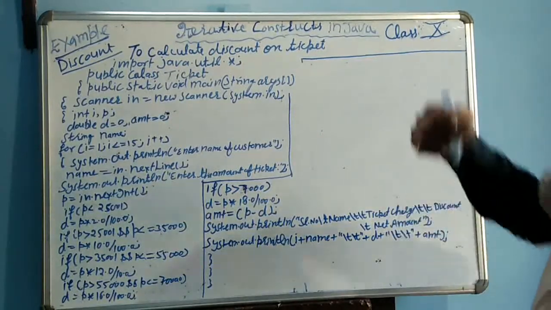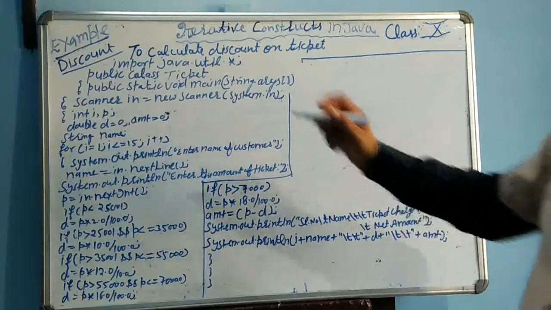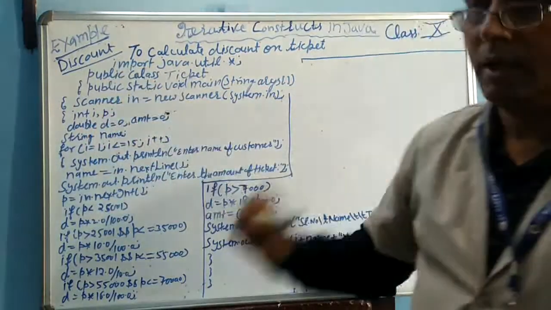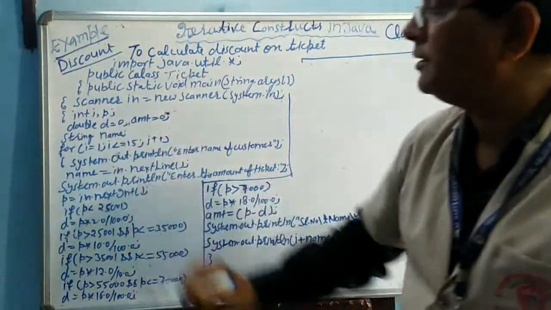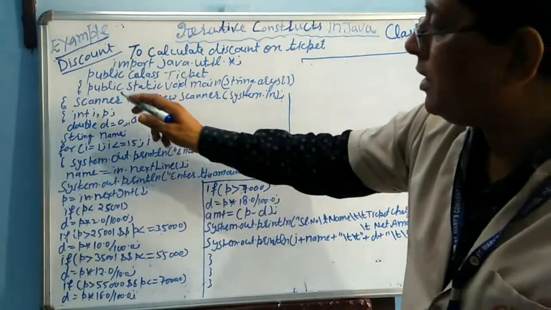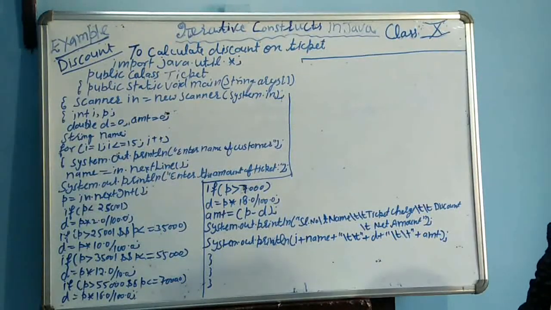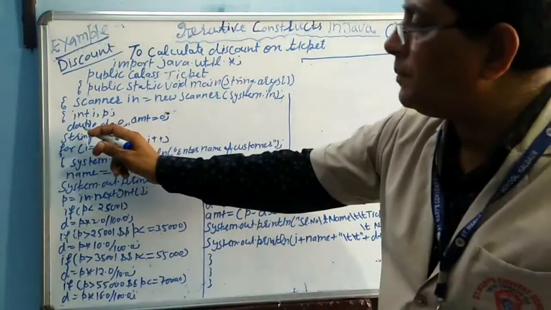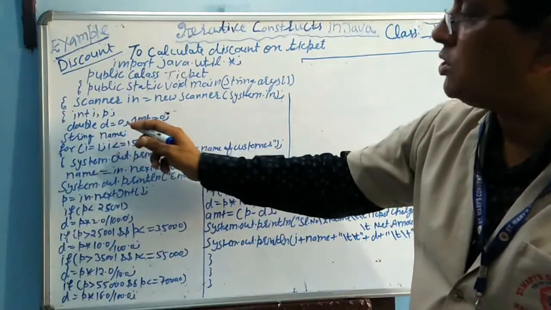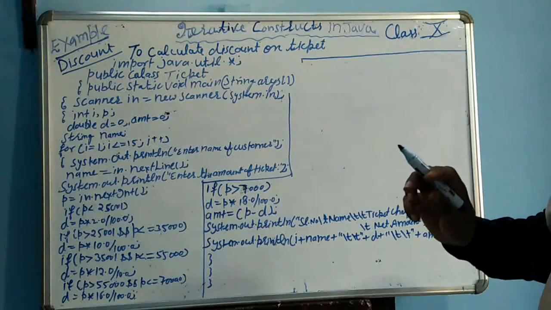Now we have to use the variables. We are using integer type variables here: one is i and the second is p. And double data type: discount is 0 and amount is 0.